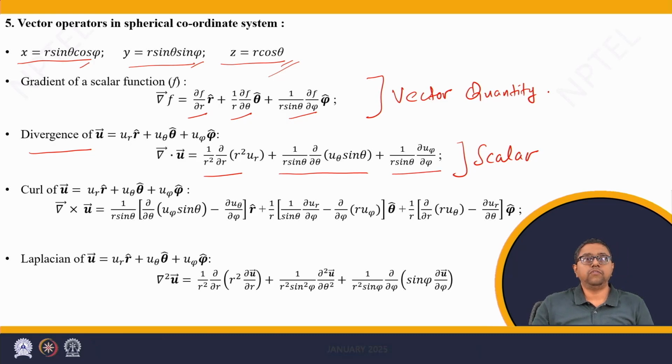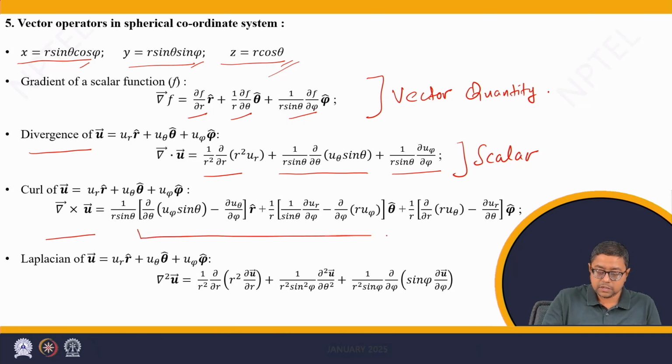The curl of a vector in spherical coordinate system is given as curl of u equals the right hand side, which gives the individual radial, polar angle, and azimuthal angle components of the curl of the vector u.